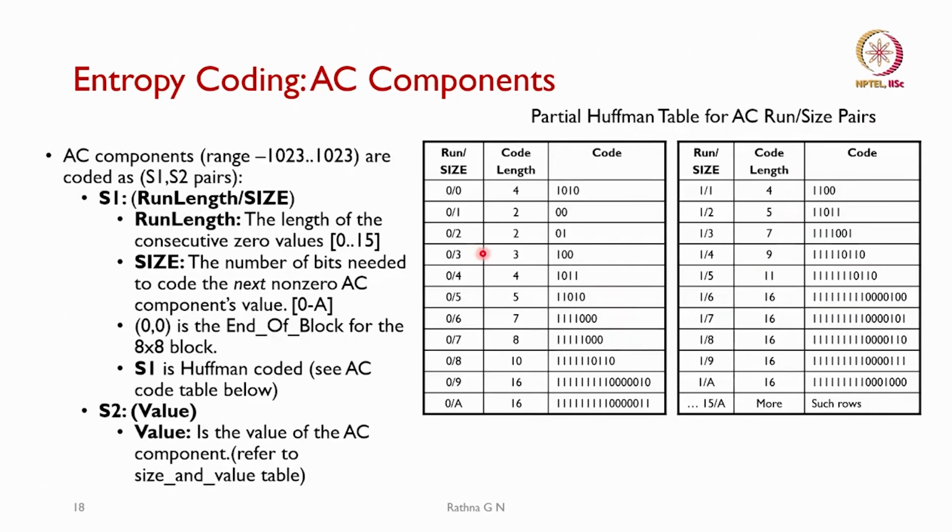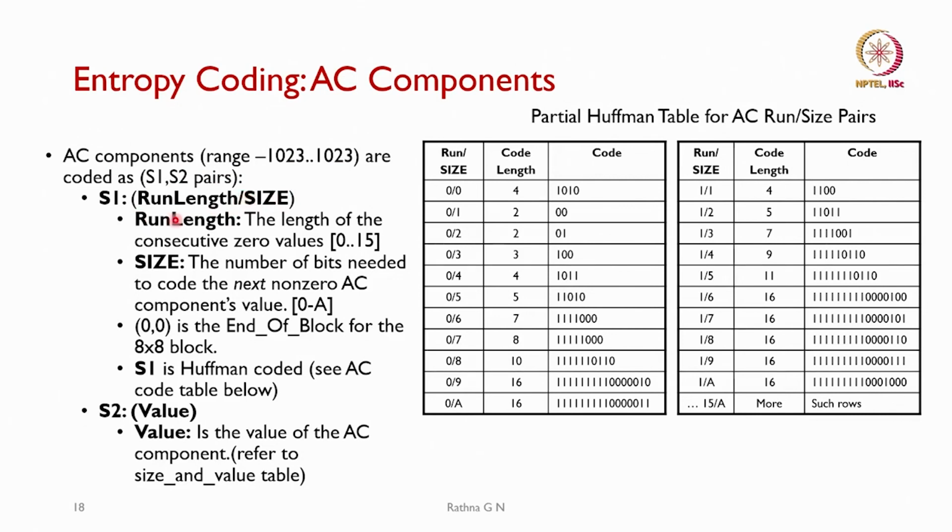Fine. Next is entropy coding for your AC components. They range between -1023 and +1023. You will be coding them as S1, S2 pairs, where S1 is run length slash size.